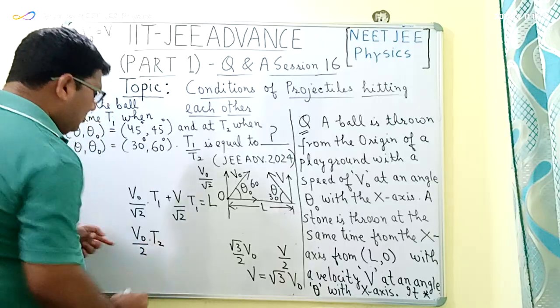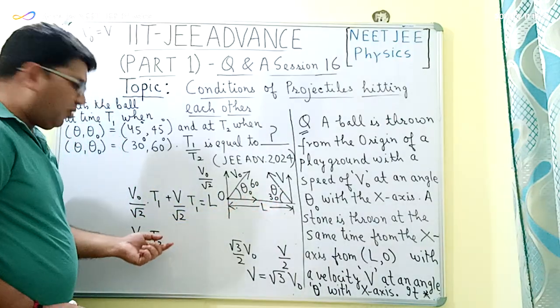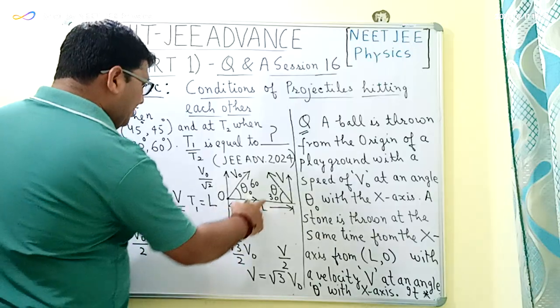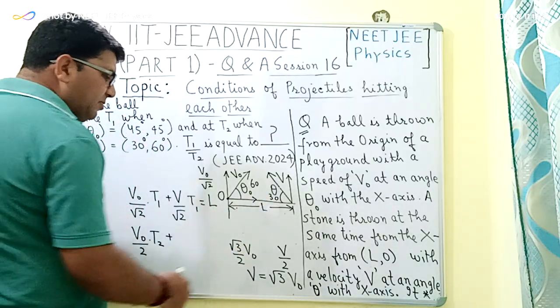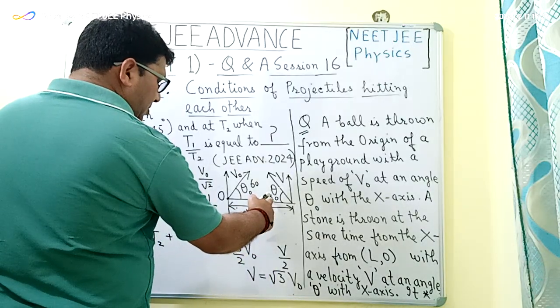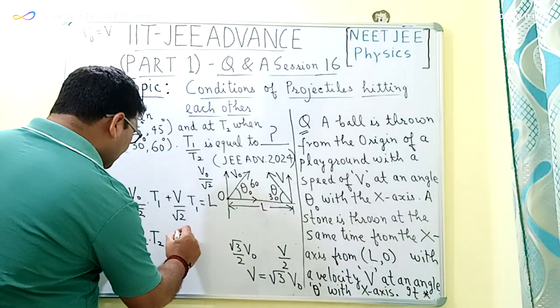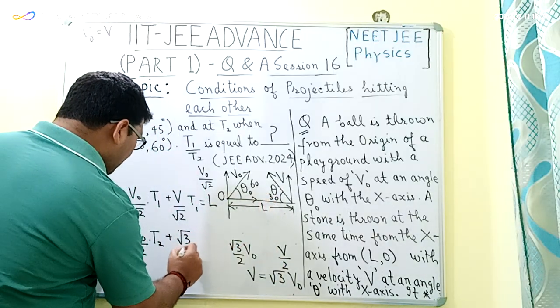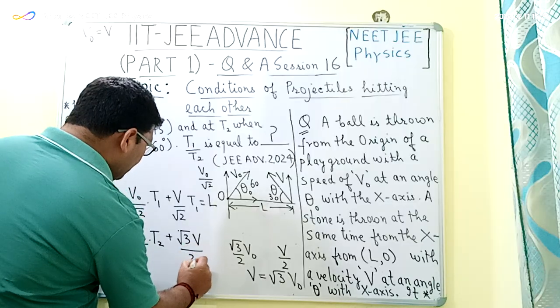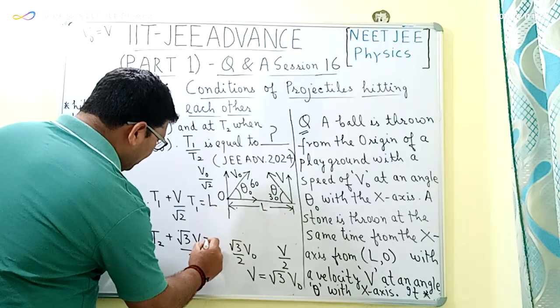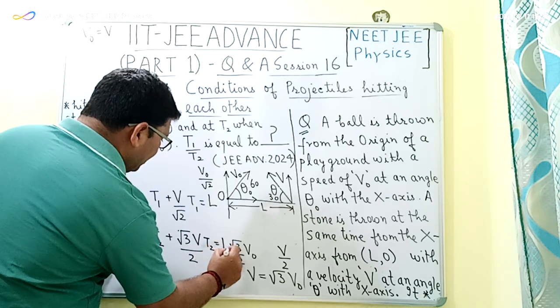So this is the horizontal distance traveled by the ball in time T2, plus the horizontal component of the stone, which is V cos 30, equal to root 3 V upon 2, into T2, and this should be equal to L.